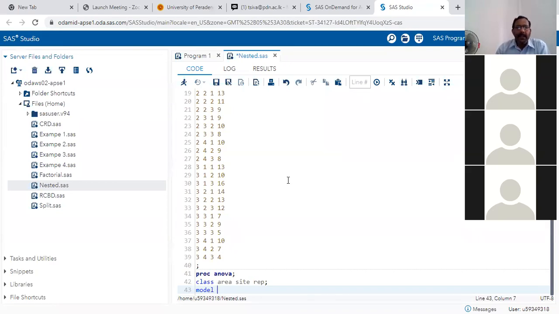Right? So how can we write down the model? Definitely the y variable, which is value here, I will put as VAL, is equal.